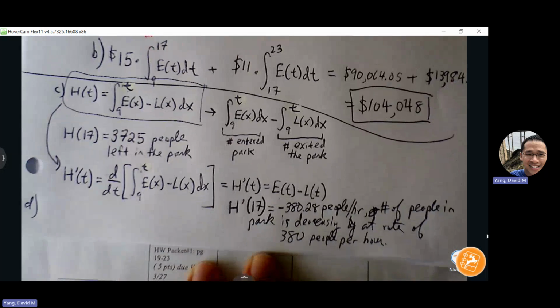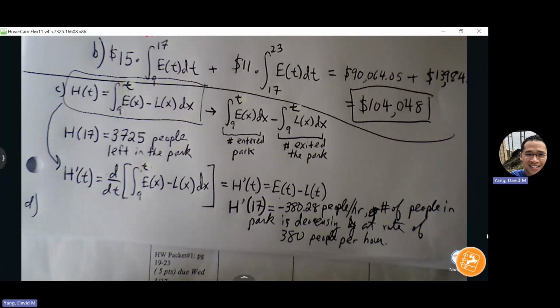So how can we use E of t and L of t to help us decipher when that maximum number of people in the park is? Right, so let's think about that. We know E of t is going to start high and it's going to decrease. L of t is going to start low and it's going to increase. So this is what's going to happen over the course of the day. So when do you think the maximum number of people is going to occur?